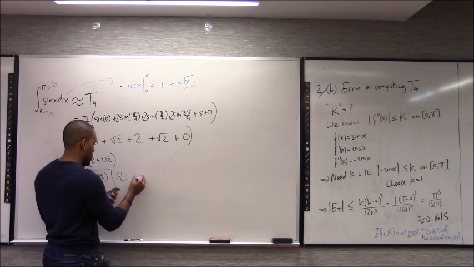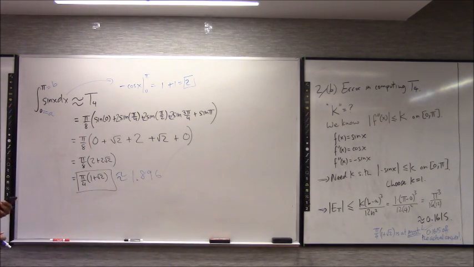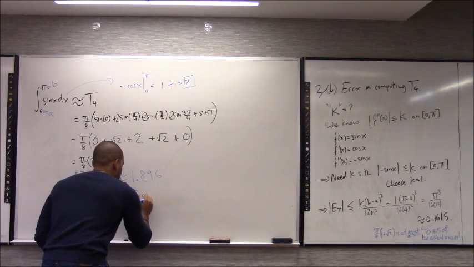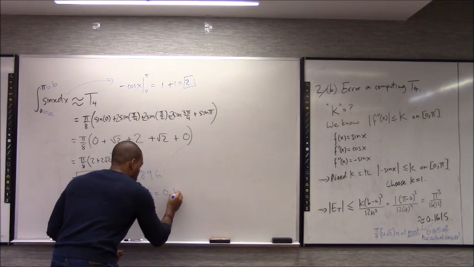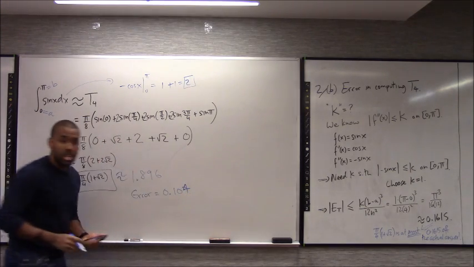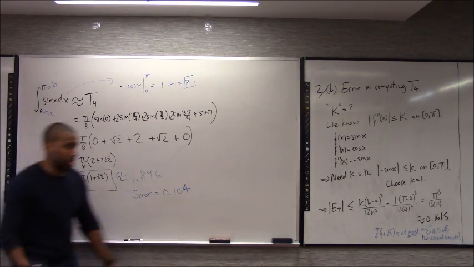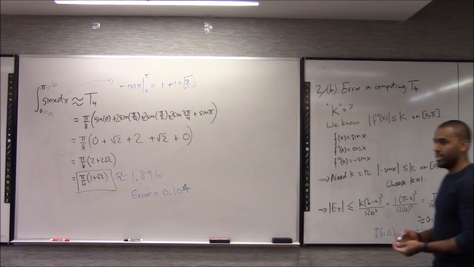This is 1.896. And we take the difference between those. So the actual error here is 0.104. So that's how much I'm off by, but it's smaller than 0.1615, is the idea.